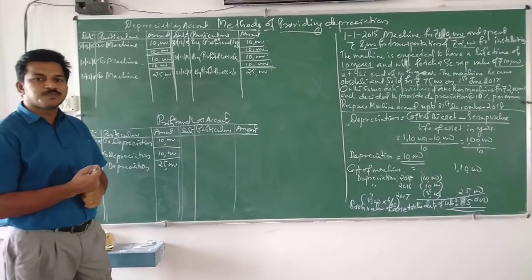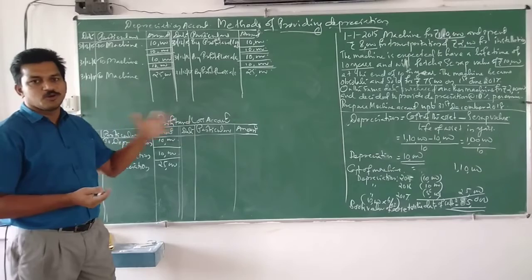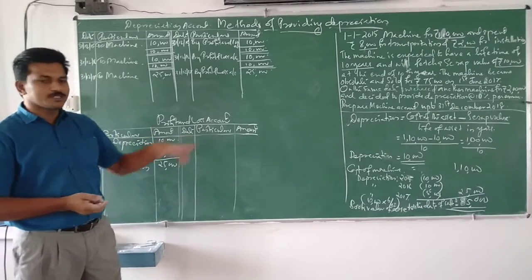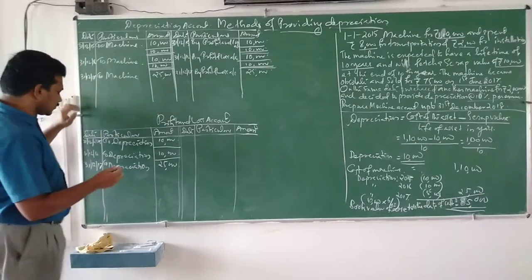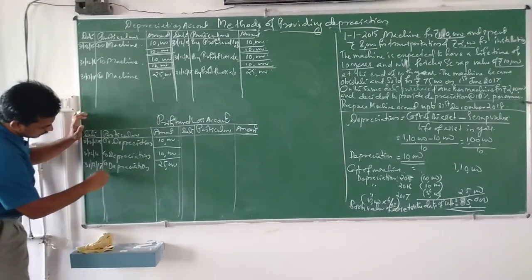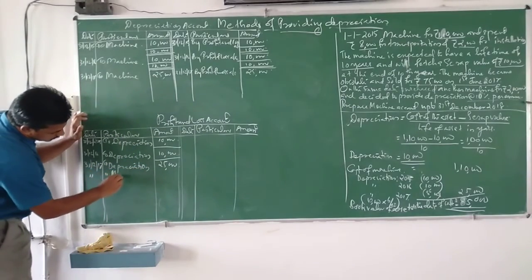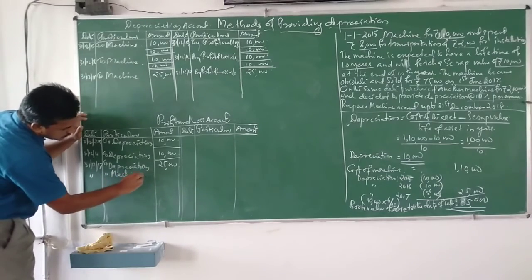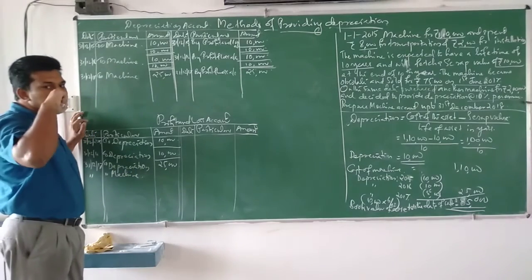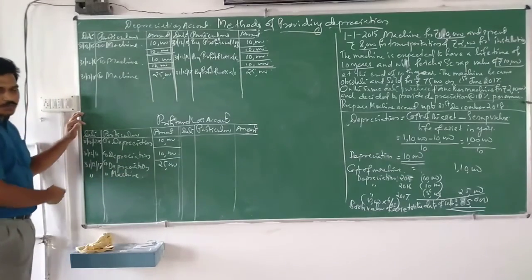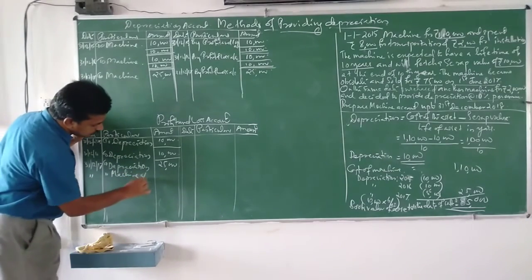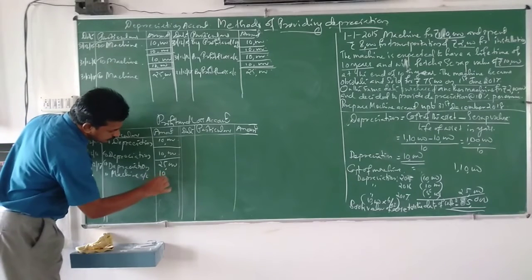What is that? Yes, loss on sale of asset. 10,000 is the loss, no? That is transferred to profit and loss account, no? So that can also be transferred. So on the same day to machine, because in machine account credit side we have written profit and loss account, so we have to write the account name here. Machine account, how much? 10,000.